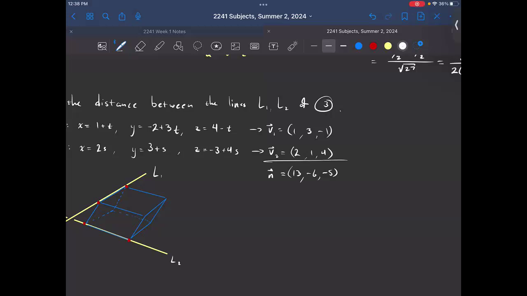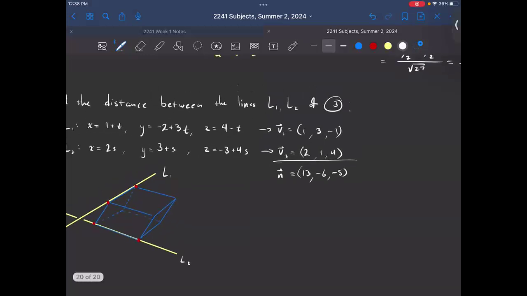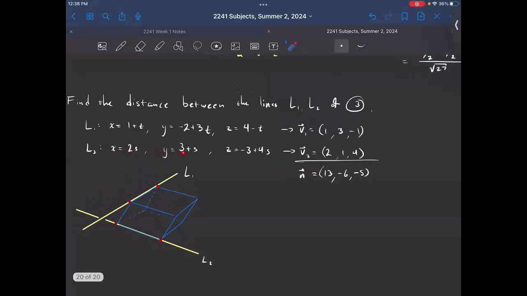Well, we don't actually have a plane yet because we didn't choose a starting point. Let's choose a point in L2. To get a point in L2, we have a set of parametric equations. So let's choose S equals 0.